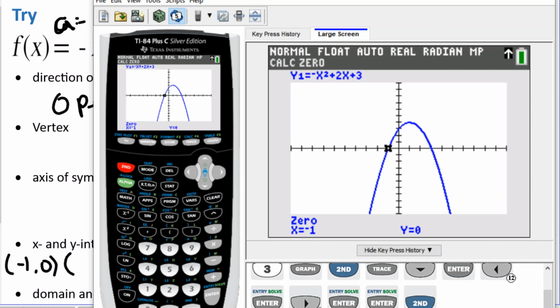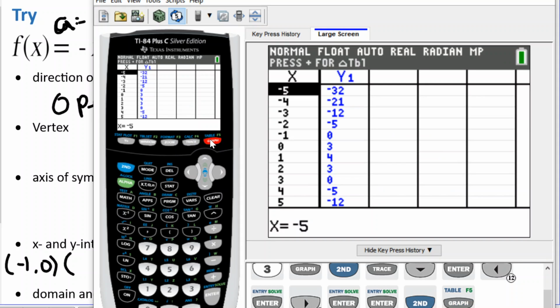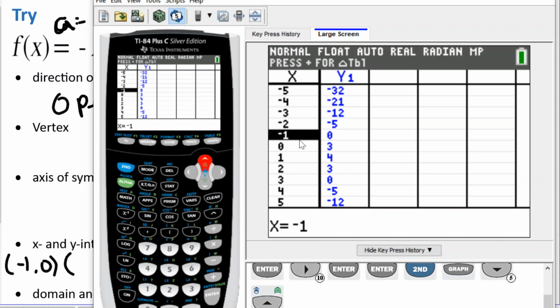Another place we can always check is our table. So see on the top right side, the graph button here, it says table above it in blue. So if I hit the second button first, it gives me a table of values, just like we created in the very first example. Right? And if I have nice integer numbers, I'm going to notice, right, at points like this, when x is 1, y is 0.